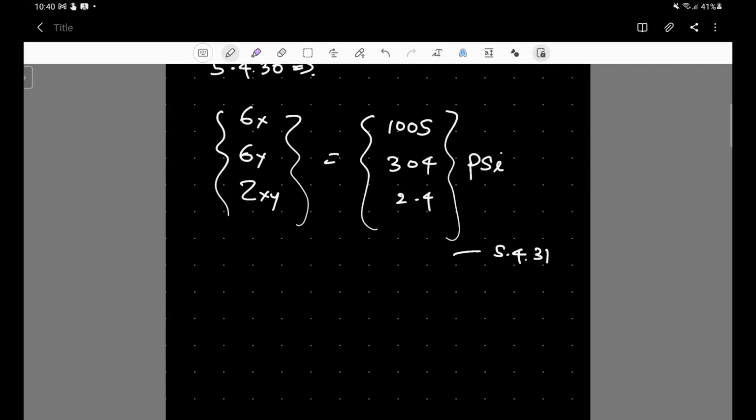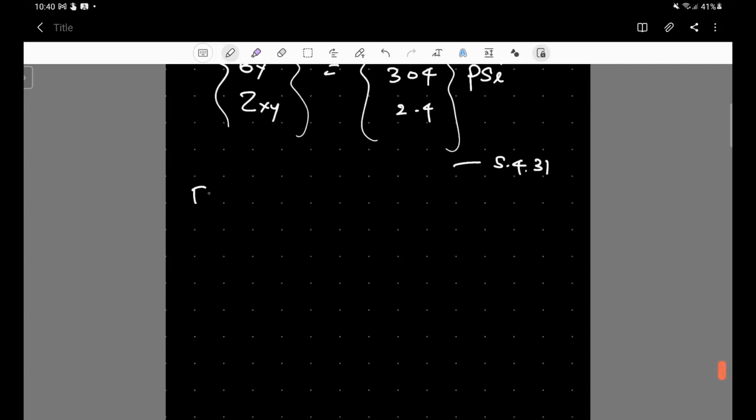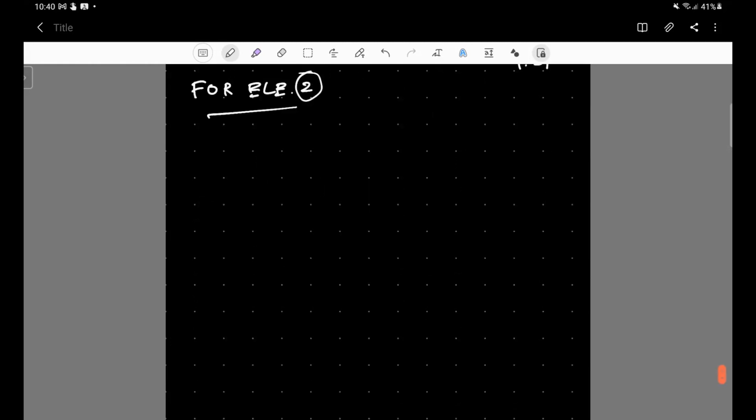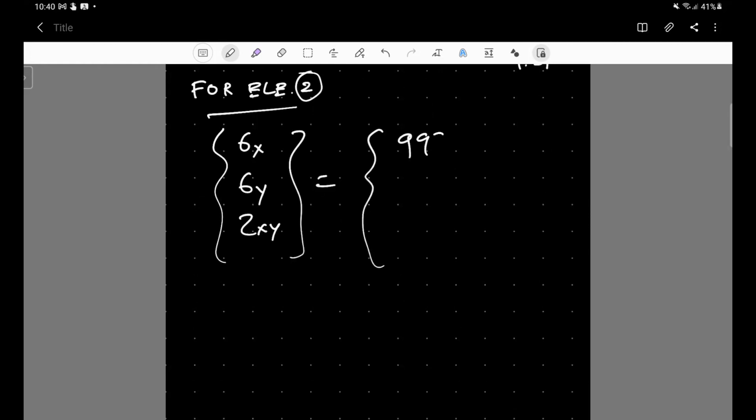And for element number 2, again using the same set of equations, the three components you would obtain as 995 pounds per square inch, and the stresses in the opposite direction, of course, in pounds per square inch.